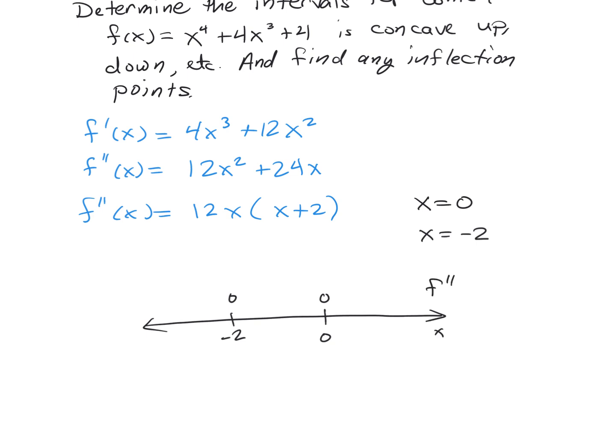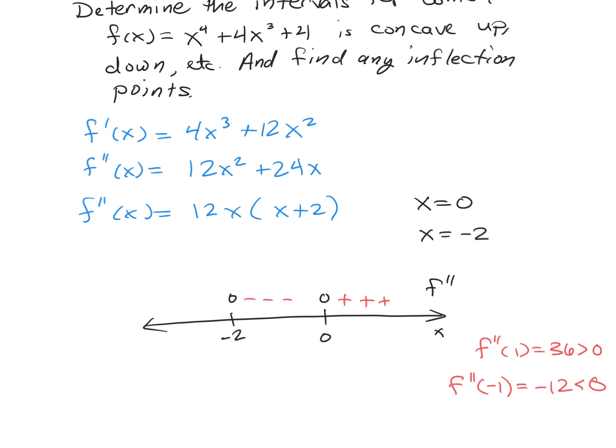So if we take a value of x that is bigger than 0, such as 1, we get a positive second derivative because f double prime of 1 is equal to 36, which of course is greater than 0. And we could take something in between negative 2 and 0, which would be negative 1.